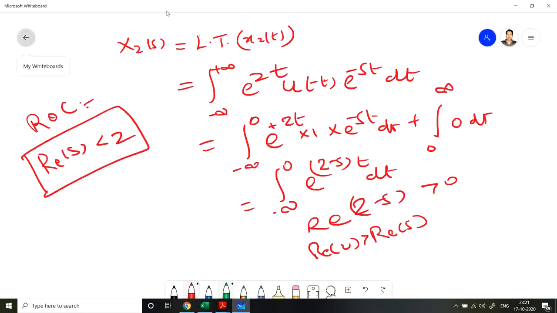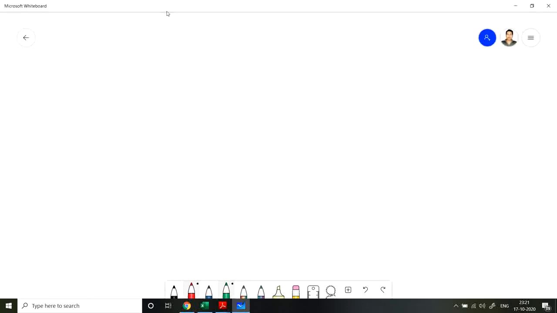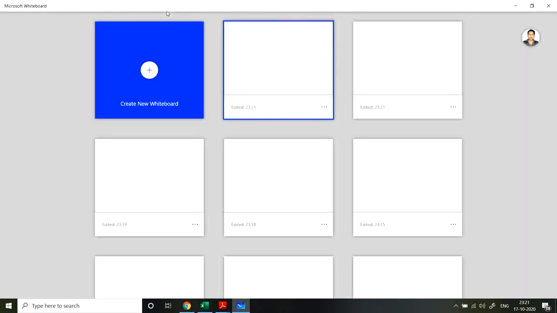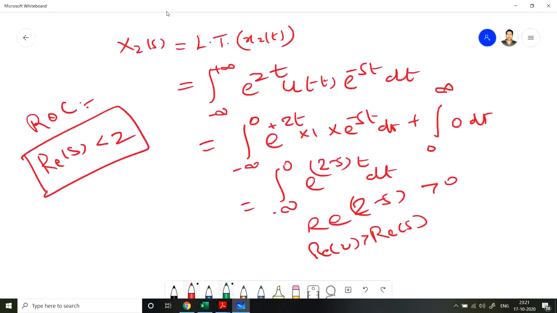So this is the ROC, and this is X2(s). Now we have to see what is the final value of X2(s). The solution of this integral is simply e raised to the power (2 minus s) t divided by (2 minus s), from minus infinity to 0.